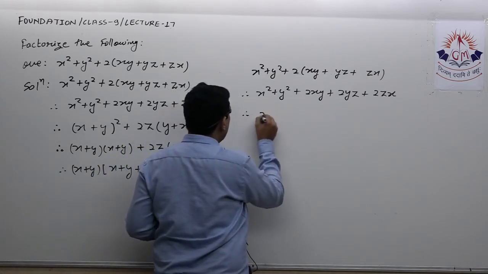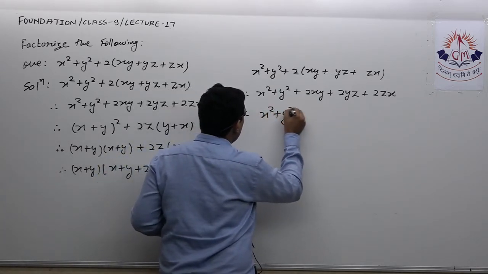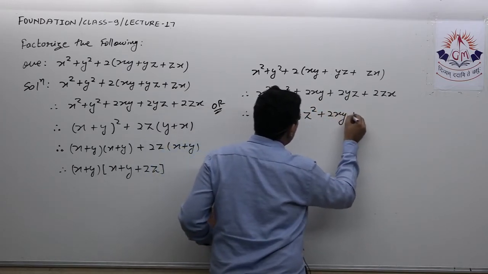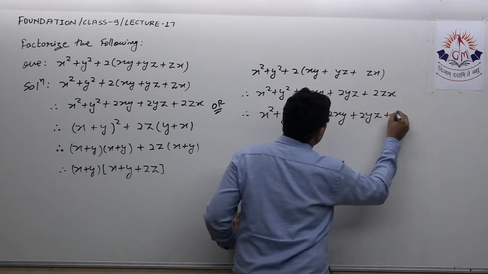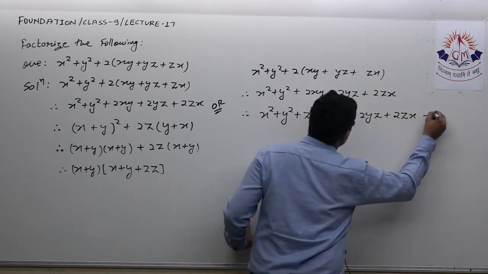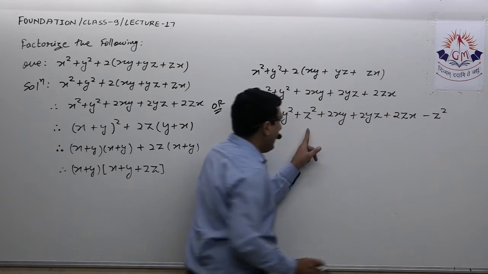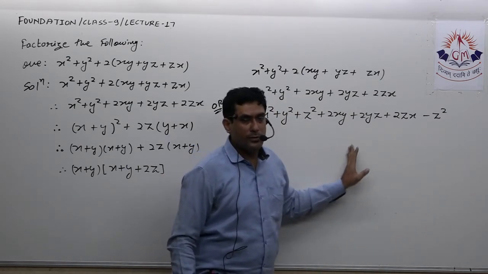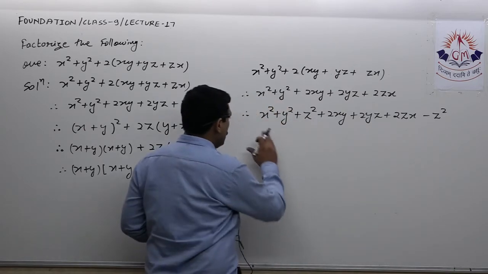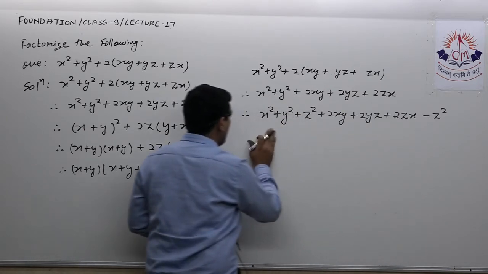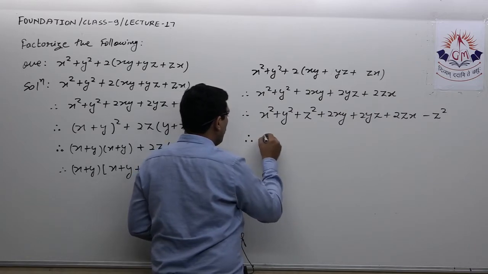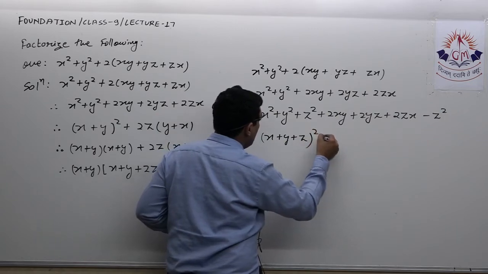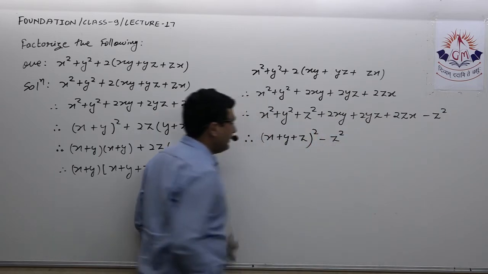So here I write x square plus y square plus z square plus 2xy plus 2yz plus 2zx minus z square. Here I added z square, here I am subtracting z square so that the expression remains the same. Now these first six terms give you the identity of (x plus y plus z) whole square, and here it is minus z square, isn't it?